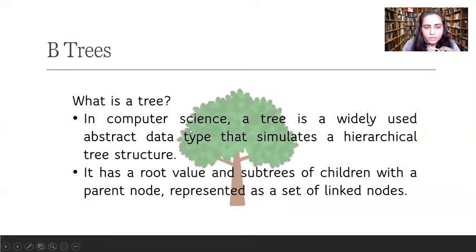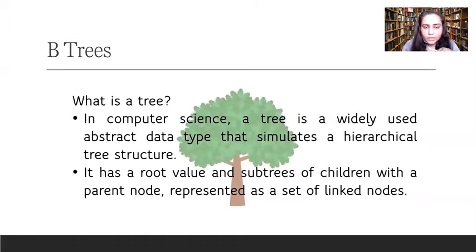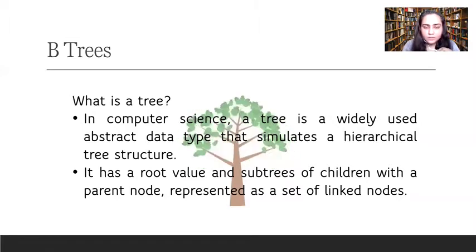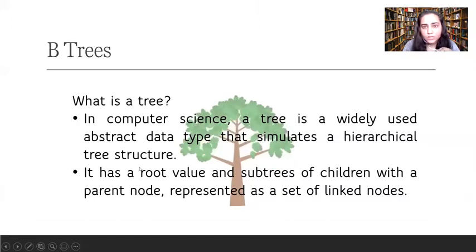And a tree is a data structure which is used in DBMS in order to form this type of a hierarchy to store the data in such a way that you can access it very quickly. And in a tree also, to understand it better, we always say that it has a root, and it has a parent node, and it has a child node.